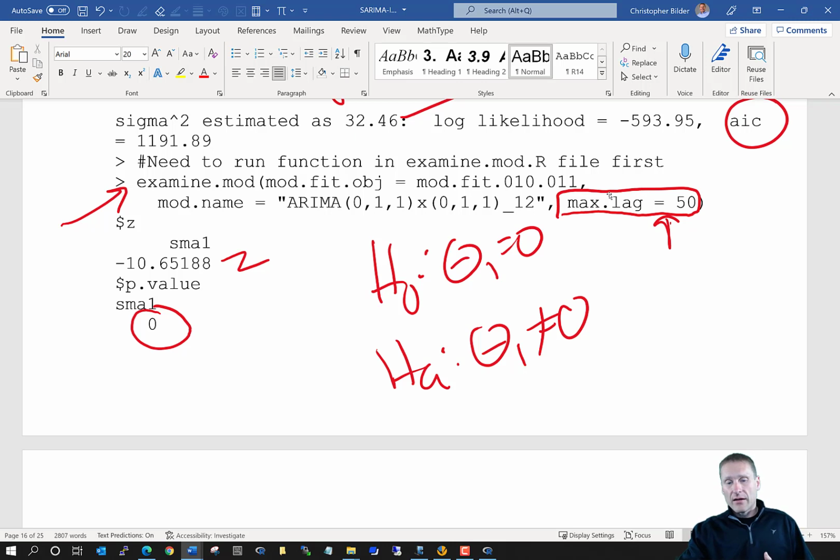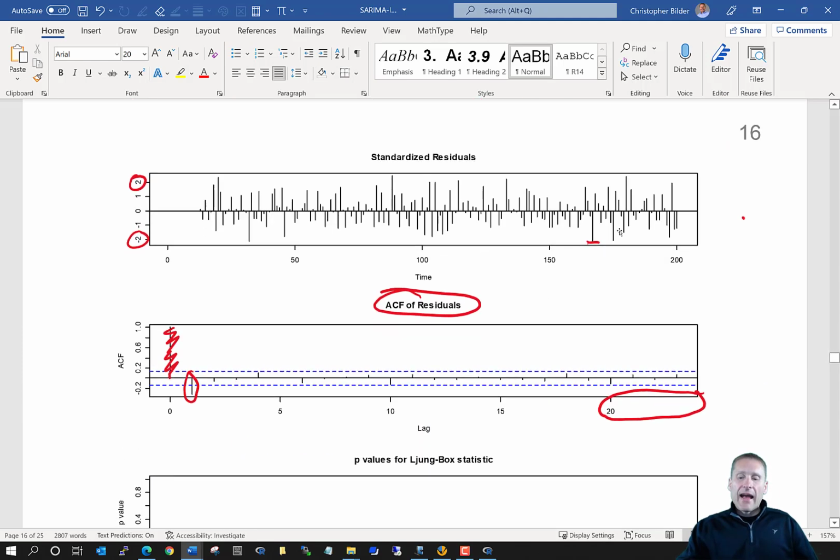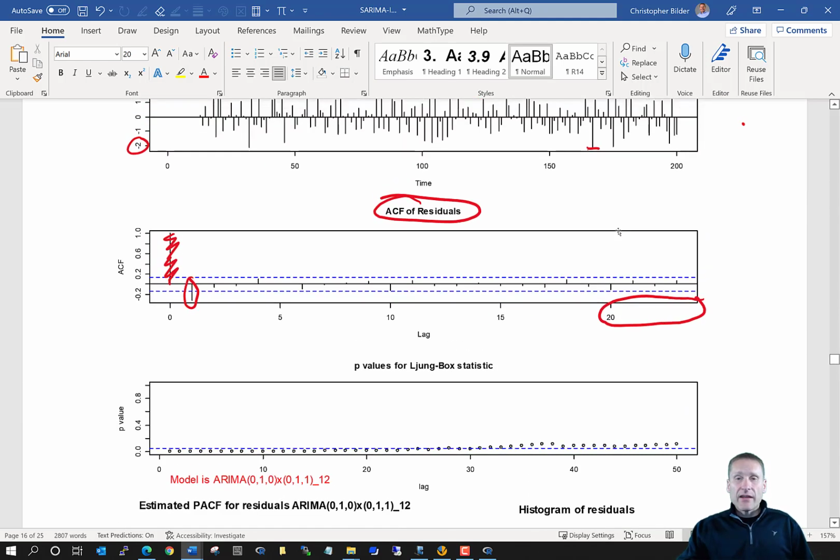Even if I wrote it in there and still used the tsdiag function, I don't have a way to specify a larger number of lags. So how could you get around that? Well, just create this plot of the residuals outside of the tsdiag function itself.